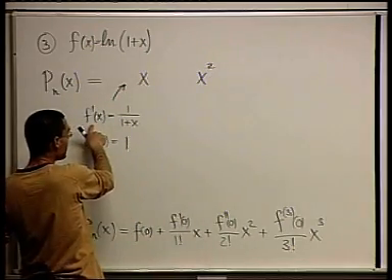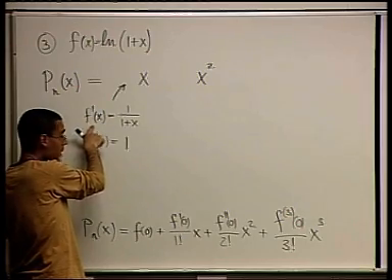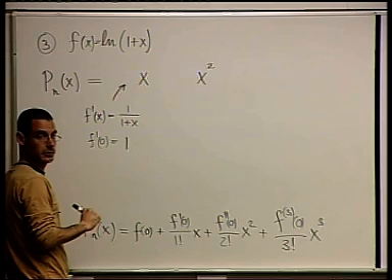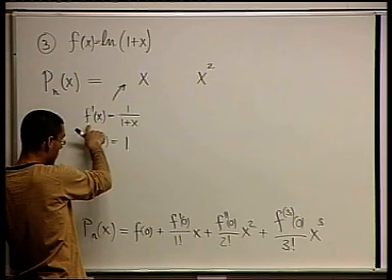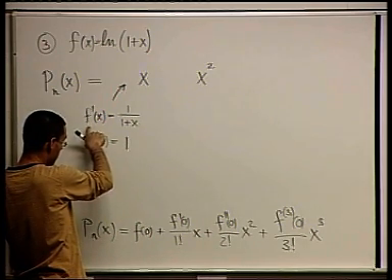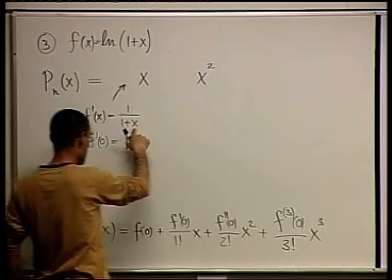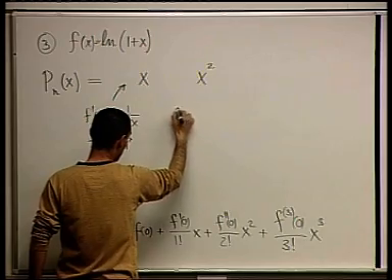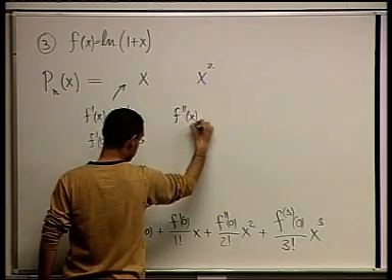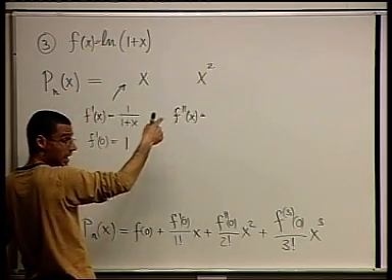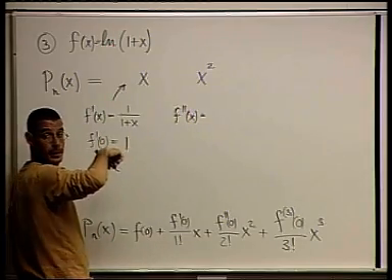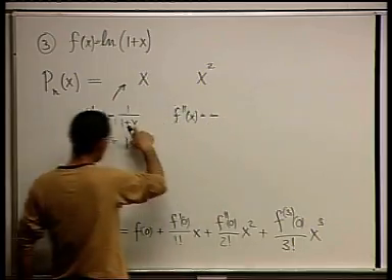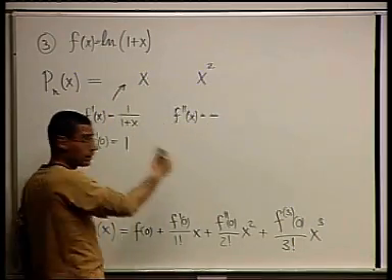Now what is going to be the coefficient of x squared? I need the second derivative, evaluated at 0, divided by 2 factorial. The second derivative is the derivative of the first derivative. So this is 1 plus x to the power minus 1, and its derivative is negative 1 times 1 plus x to the power negative 2.